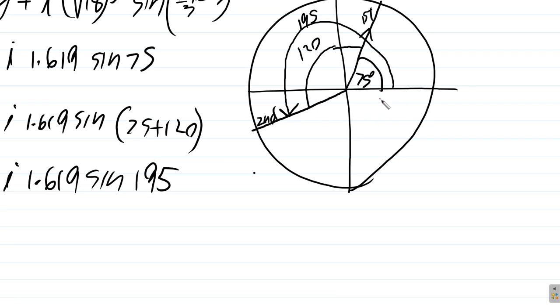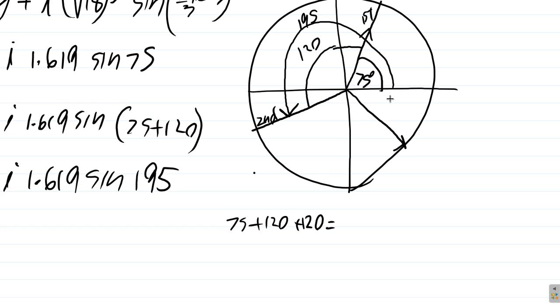So it would be 75 plus the first 120 plus the second 120, which is 240 plus 75, 315. Call it about here.